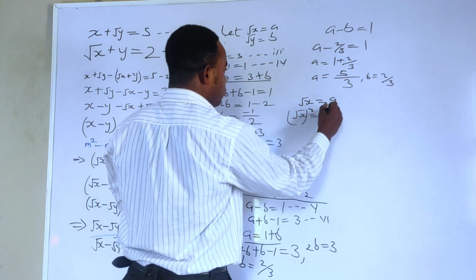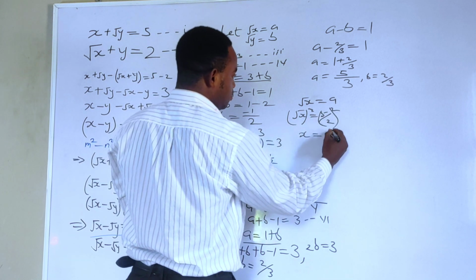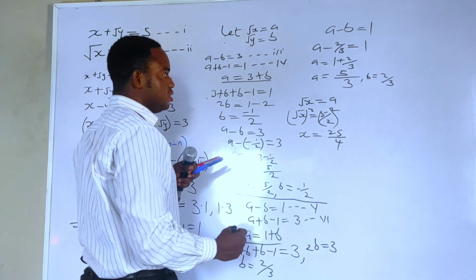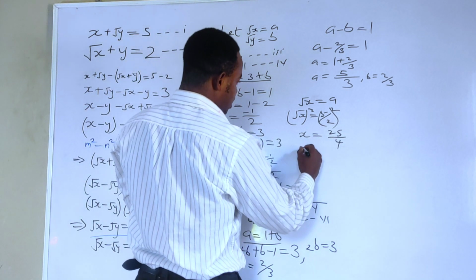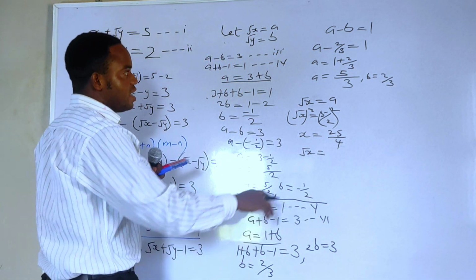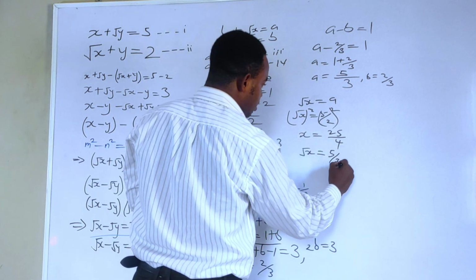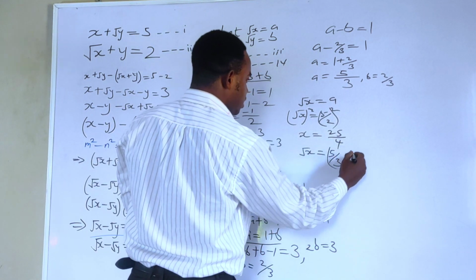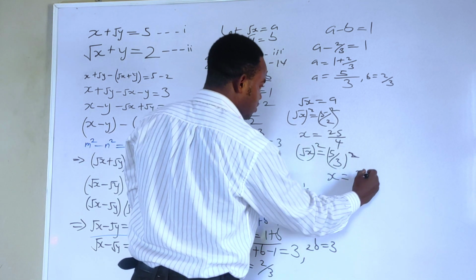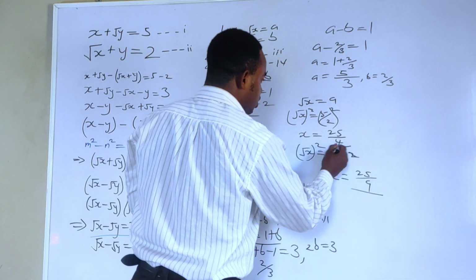So we square both sides, and x is going to be 25 divided by 4. And if the square root of x is equal to the second answer for a, which is 5 divided by 3, we square both sides again, and we obtain x is equal to 25 divided by 9. These are the solutions for x.